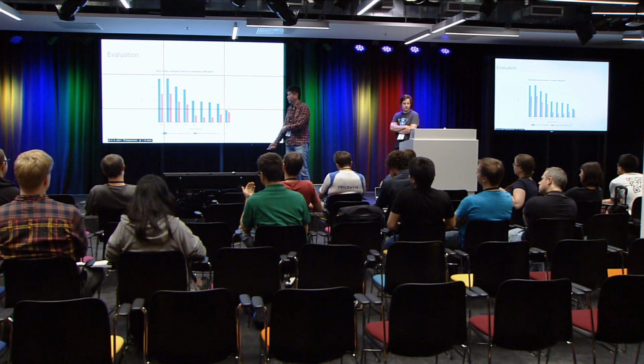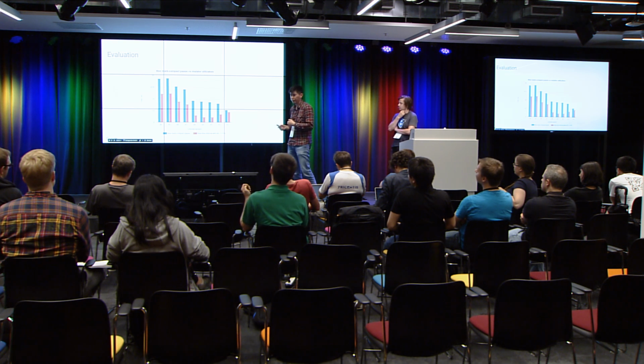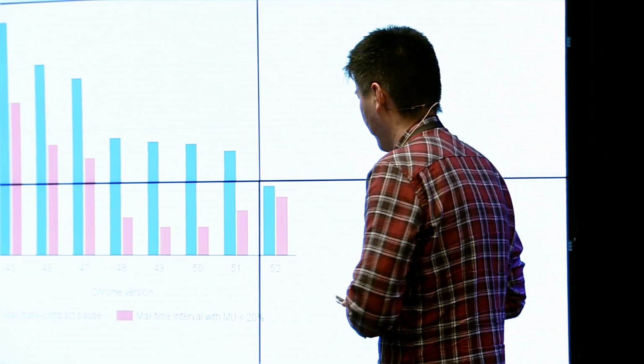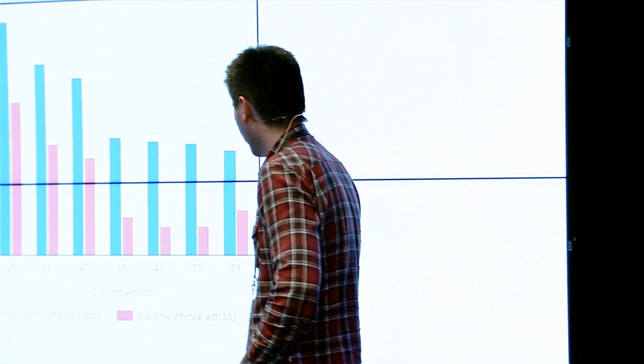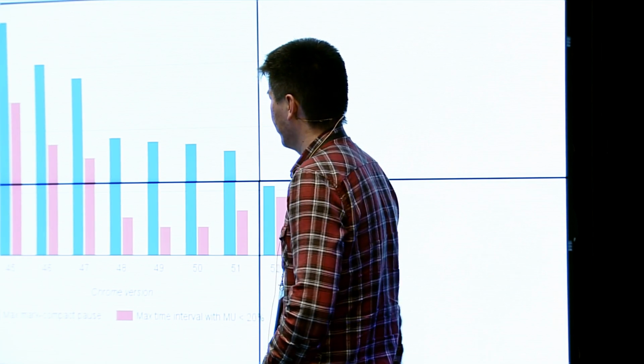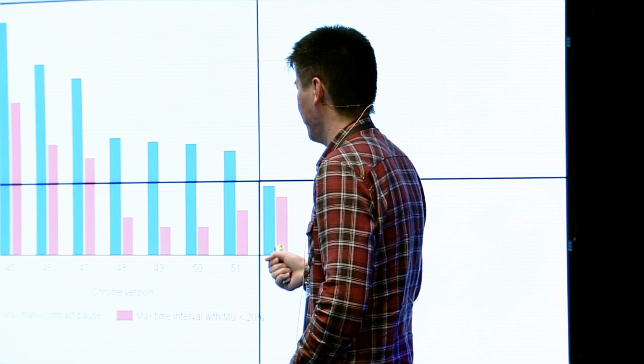To evaluate this metric, I ran the infinite scrolling benchmark for different versions of Chrome, and measured the pause time, maximum pause time of the garbage collector, and maximum interval with bad mutator utilization. And as you can see here, up until Chrome 51, the improvements in pause time were also reflected in improvements in this metric.